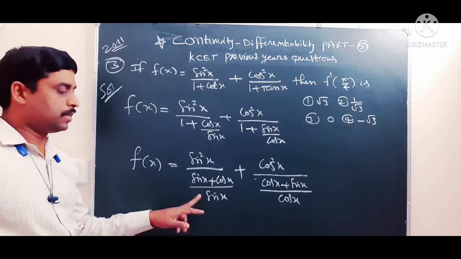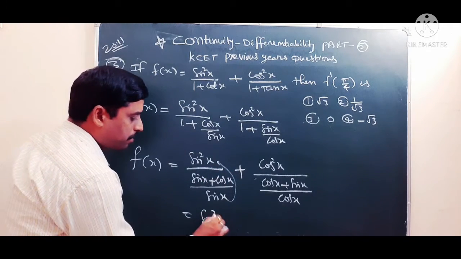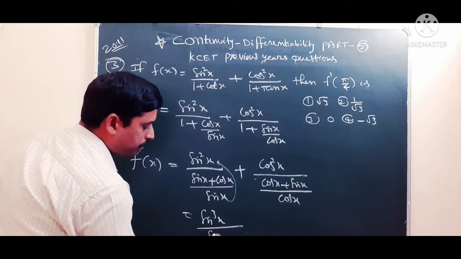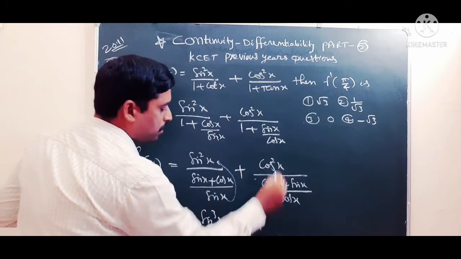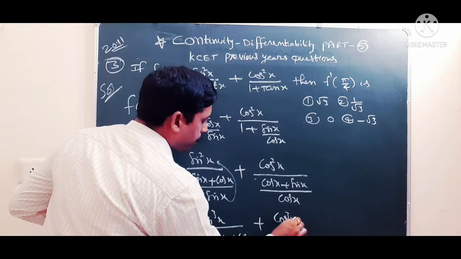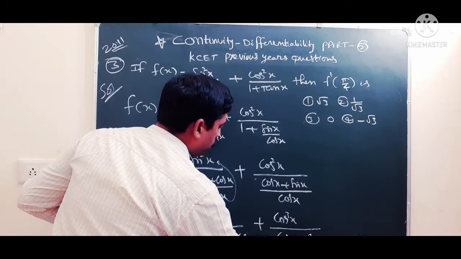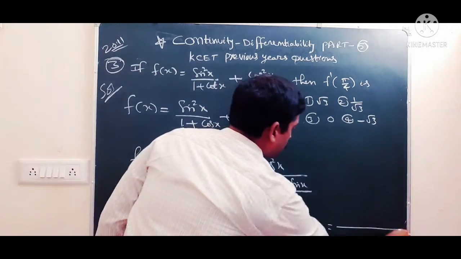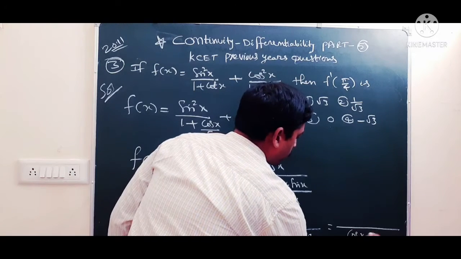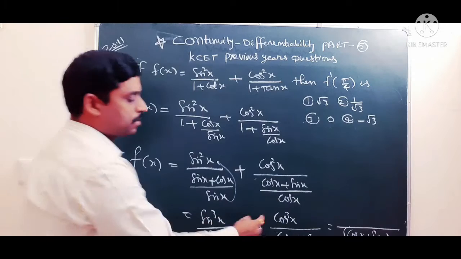Okay, sin square x into sin x, this sin x multiplied with sin square x, sin cube x by sin x plus cos x, plus in this, cos cube x by cos x plus sin x. Okay, these two are like fractions, same LCM. What is the LCM? Cos x plus sin x. In the numerator, sin cube x plus cos cube x.